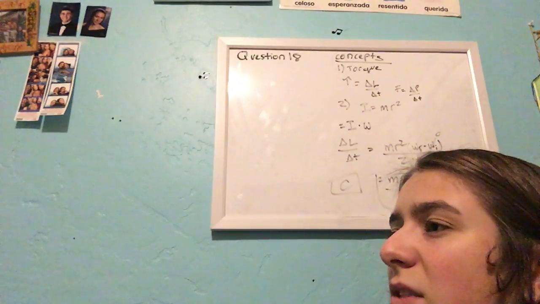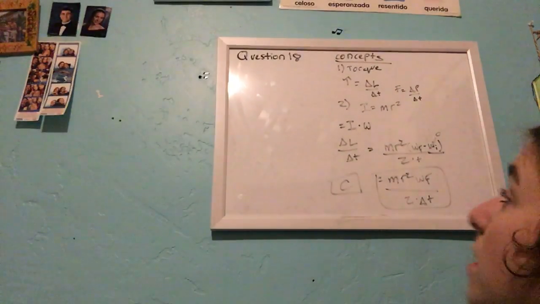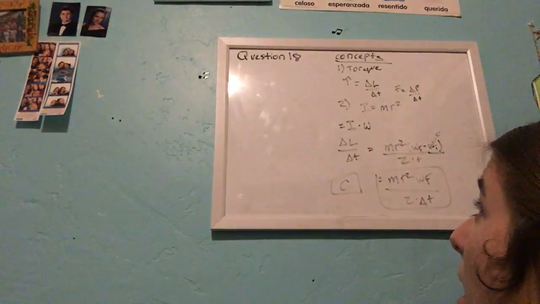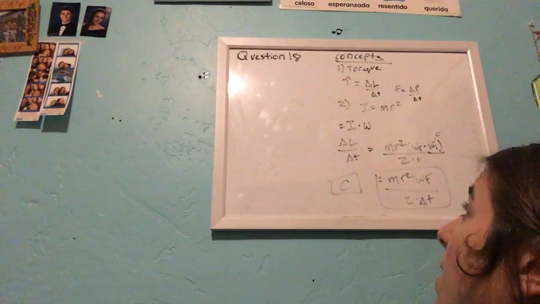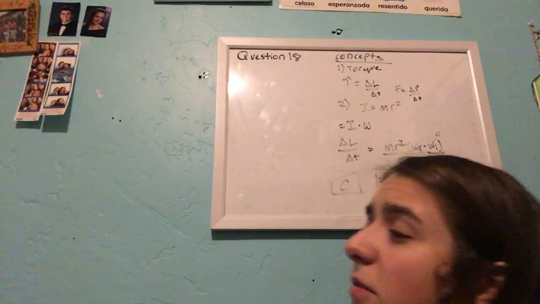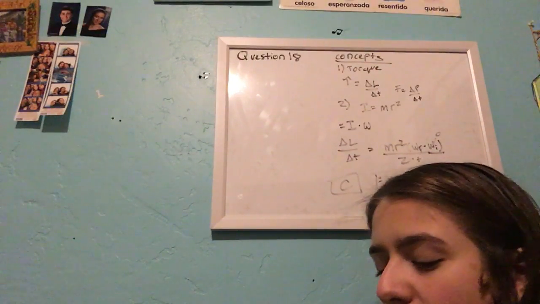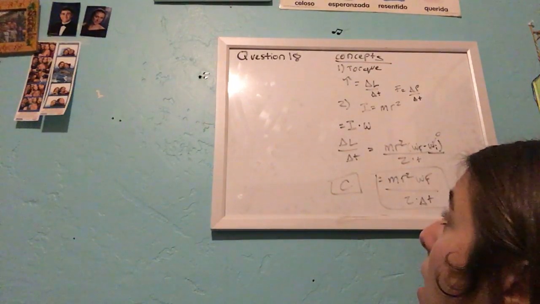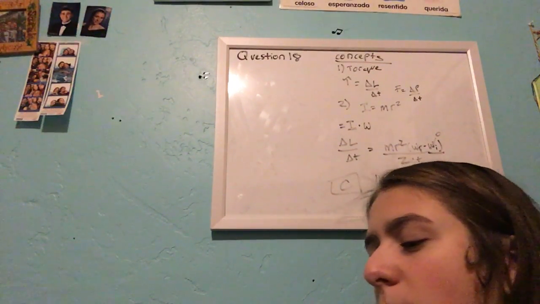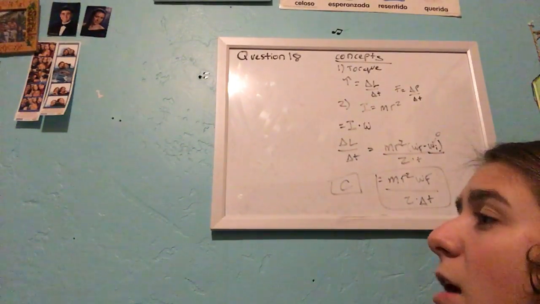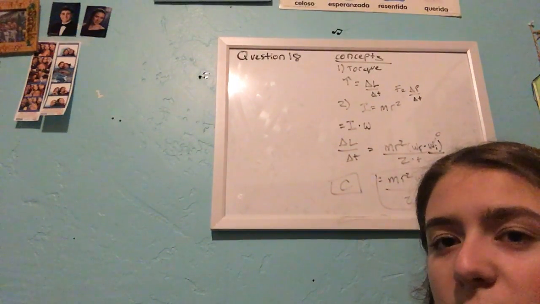That's also related to the linear side, where force is related to the change in momentum with respect to time. We also used moment of inertia, I equals mr squared, and for angular momentum we used moment of inertia times angular velocity. These concepts helped us solve question 18.